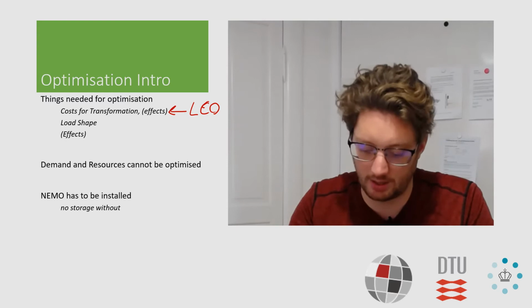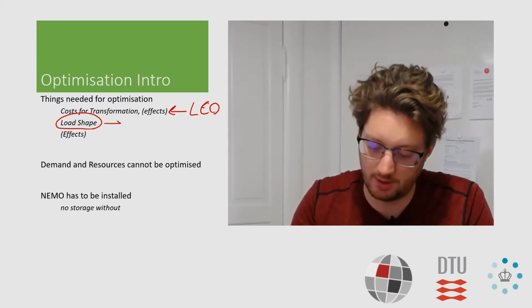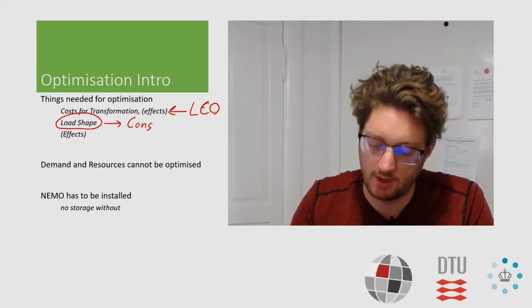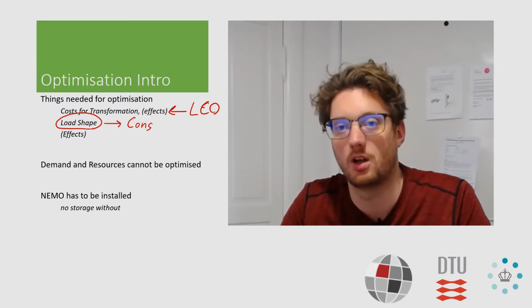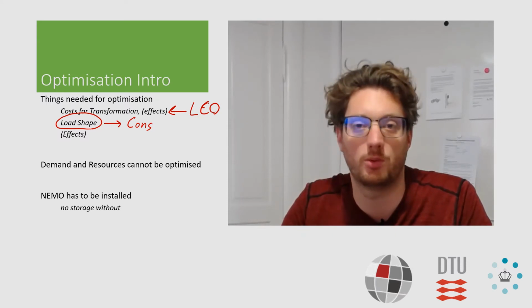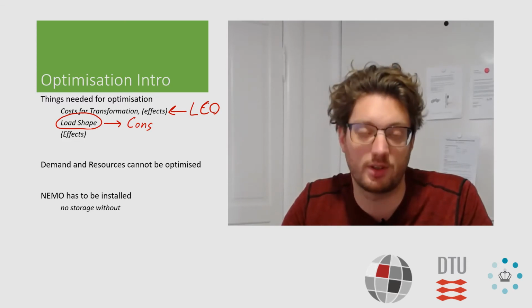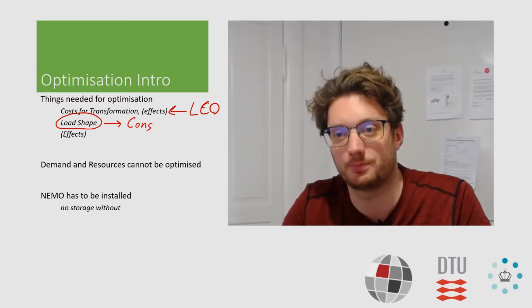Then we need at least one load shape, the one for consumption in our time slices. We can also have a few different load shapes for especially variable renewable energies, and maybe also for something like hydro that has seasonal variation.